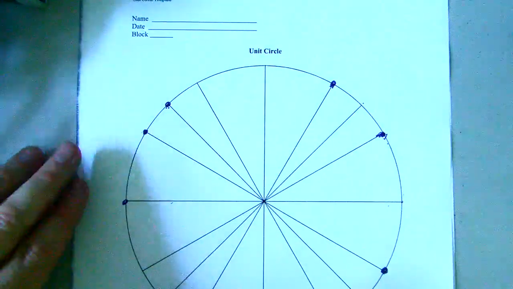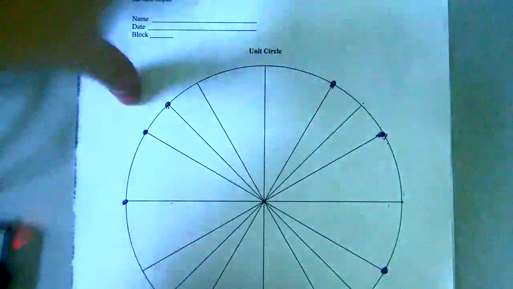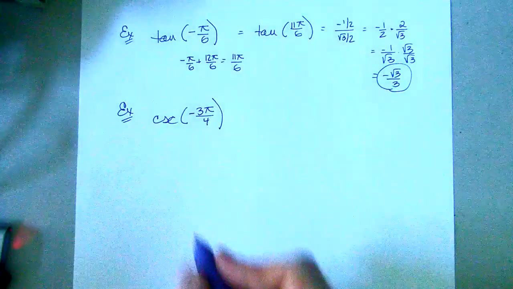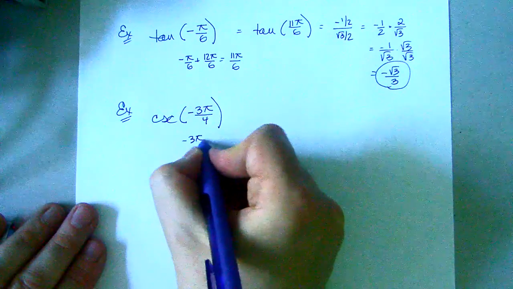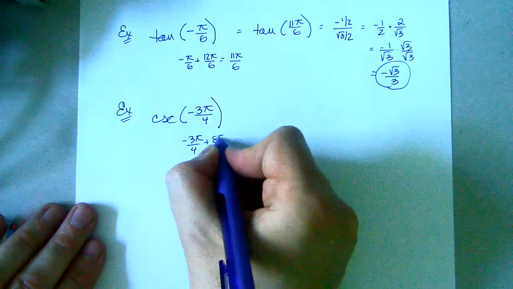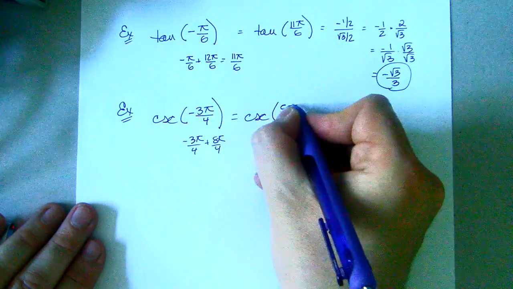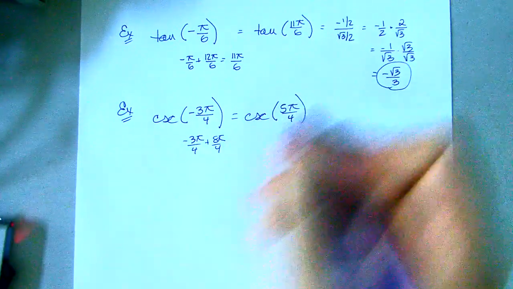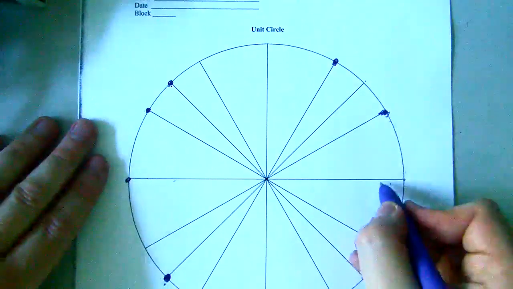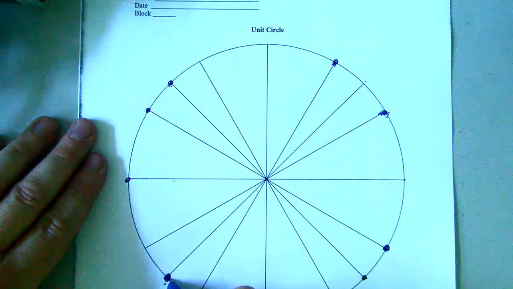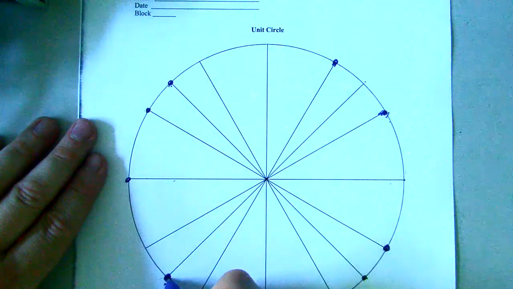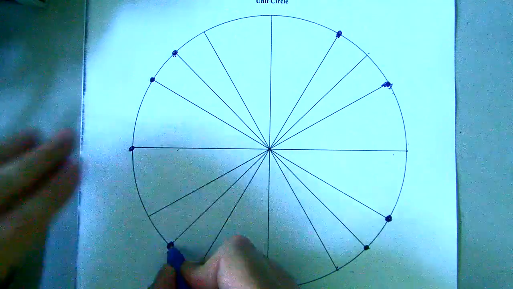What is that angle, though? One time around the unit circle, I could find a coterminal angle. I could say negative 3 pi over 4 plus 8 pi over 4. I could say it's 5 pi over 4 and deal with this as the cosecant of 5 pi over 4. I don't care if you think about it as negative 3 pi over 4 or 5 pi over 4, it puts you in the same place.